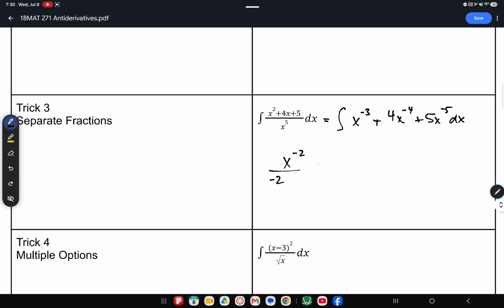And then we have 4x to the negative 3, and I probably have to divide that by negative 3 as well. And then that last one, we'd have x to the negative 4, and then probably have to divide by that negative 4 as well, so that it cancels out. And then plus c.